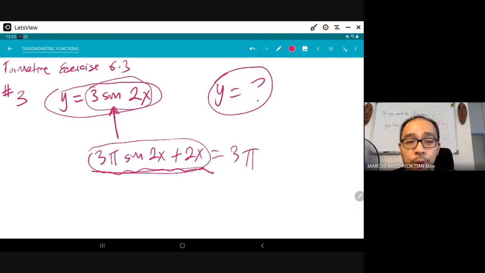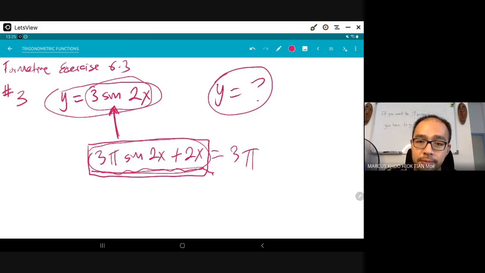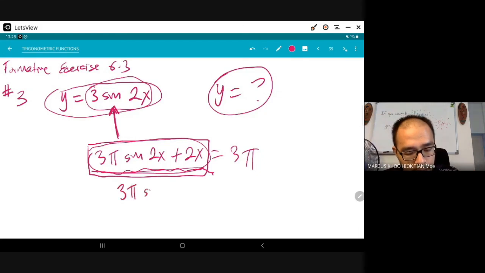So how do I convert this to become this? Any suggestions? What is the first thing I should do? Bring 2x to the other side. Okay, very good. So 3 pi sine 2x equals 3 pi minus 2x.